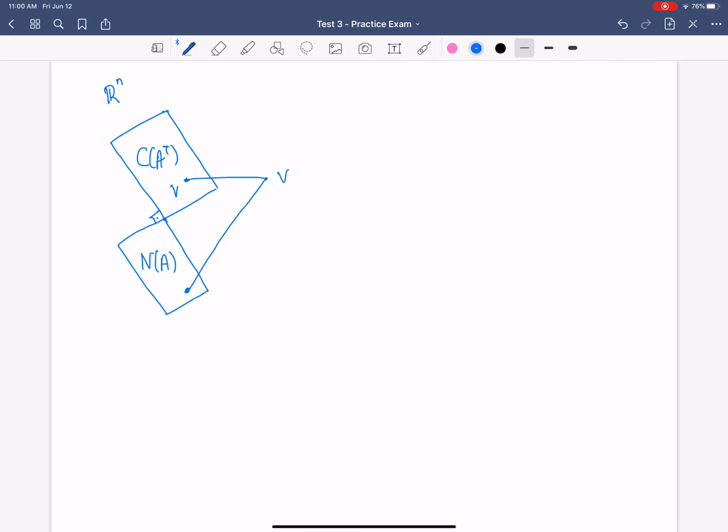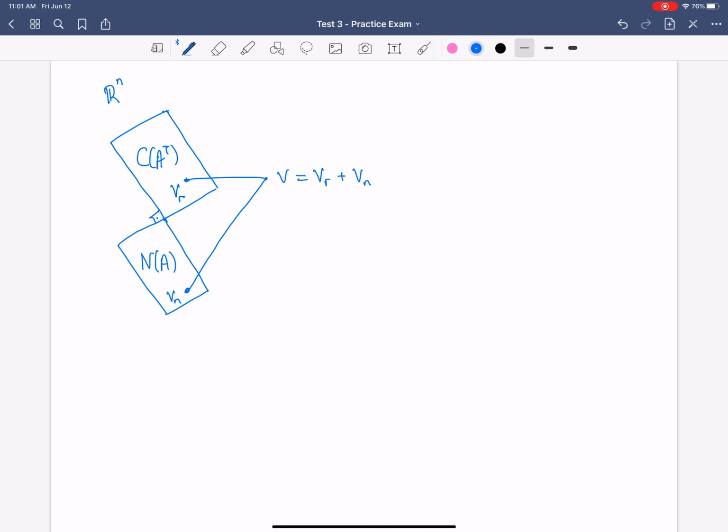So let me say V row space and V null space. So I know from the fundamental theorem of linear algebra that V is exactly the row space part plus the null space part.